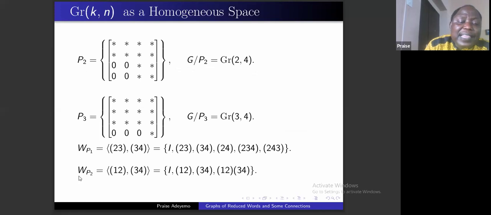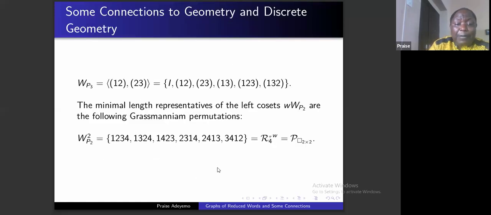So now the Young subgroup for P2 is given by... there are four elements. So the question here is, how do I get the other one that I was telling you about? Now we look at what we call the coset space.